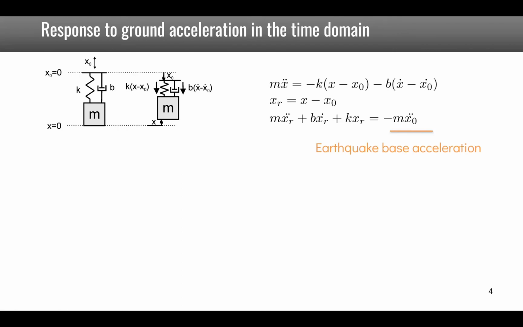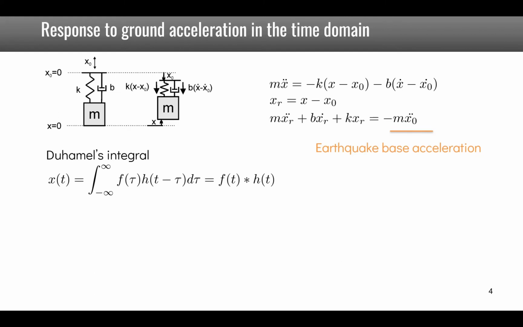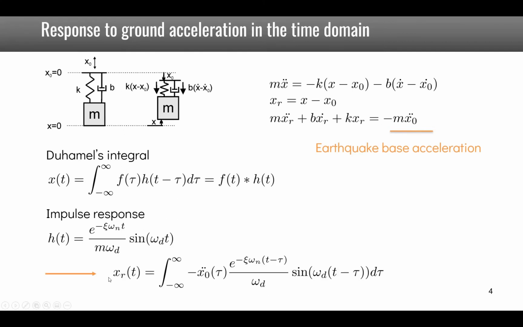This corresponds to the earthquake base acceleration, and if we want to compute the response in the time domain, we can do a convolution of this force, minus m x dot dot 0, with the impulse response, which for a 1 degree of freedom system takes this expression, so that we can solve for the relative displacement of the mass with the following integral.